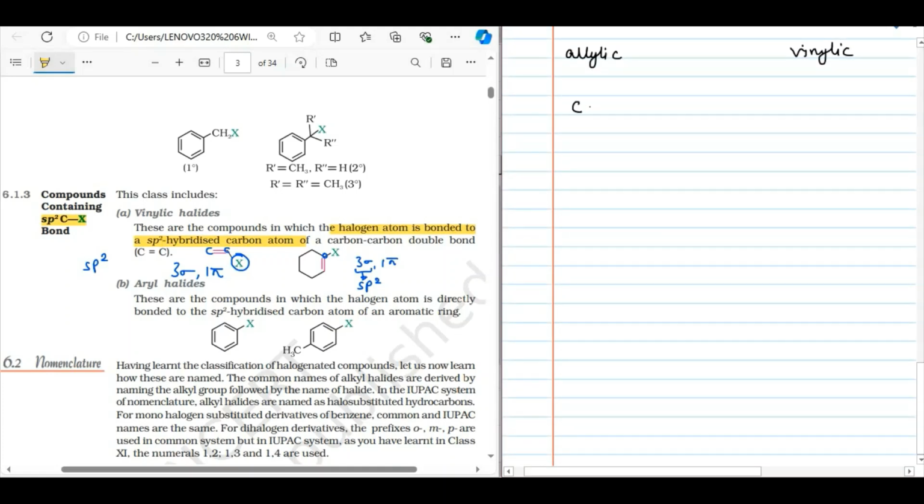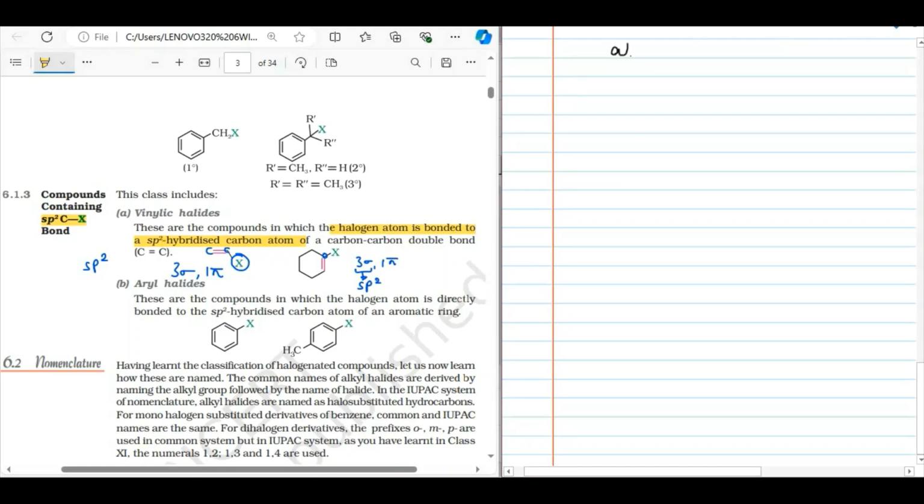In allylic, the carbon is present adjacent to the carbon which is bonded to the double bond. Here, this carbon which is adjacent to the carbon-carbon double bond is the allylic carbon. So this carbon is the allylic carbon. And in case of vinylic, it is the carbon of the carbon-carbon double bond.